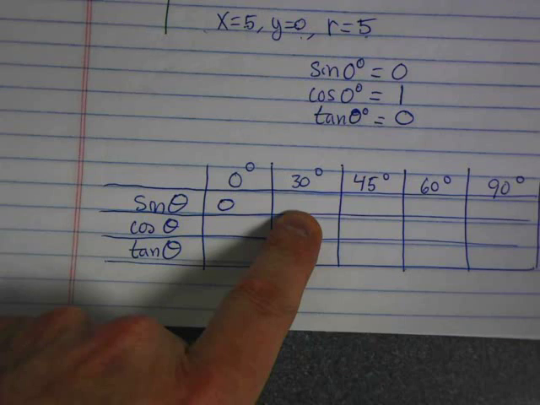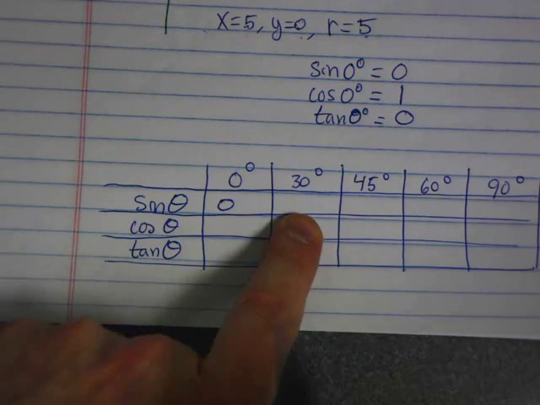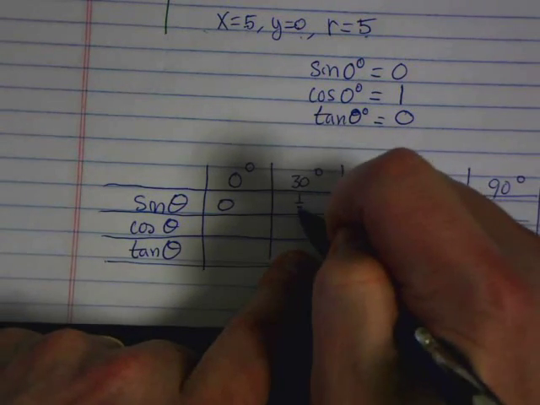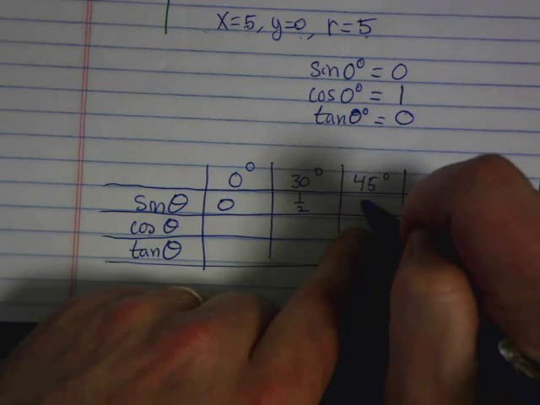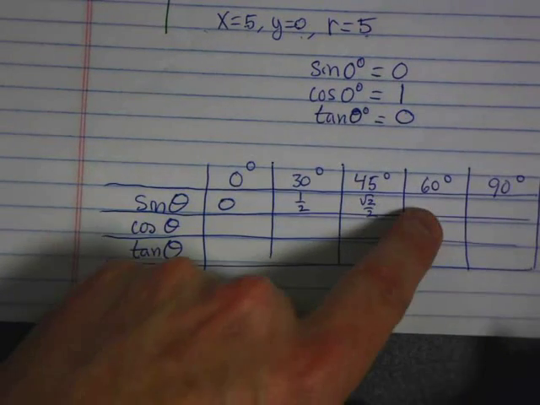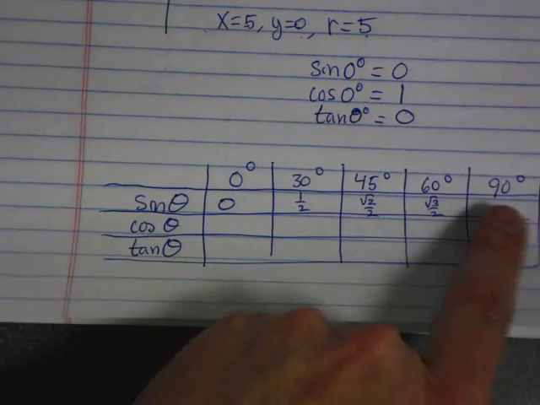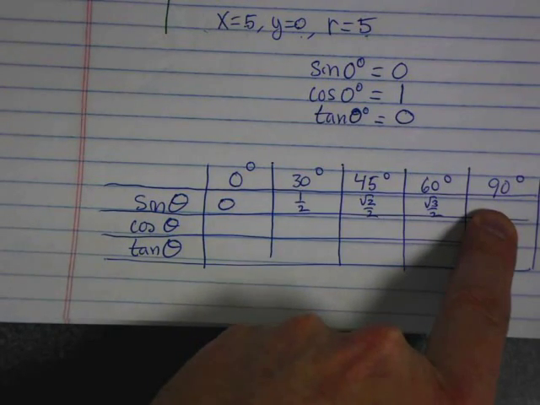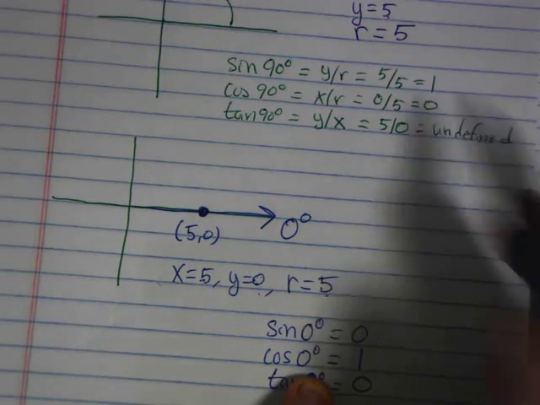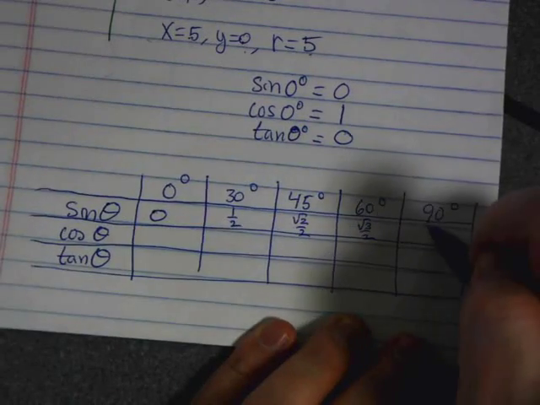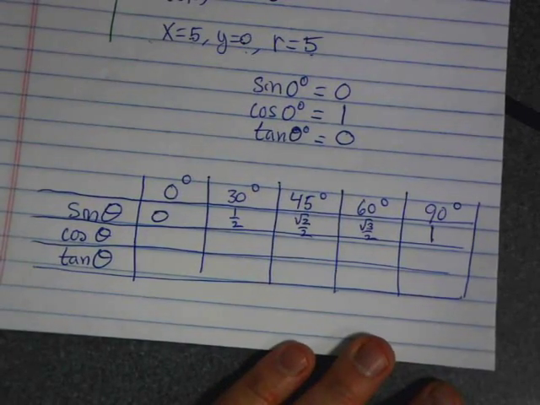Sine of 30 is 1/2. Sine of 45 degrees? Root 2 over 2. Sine of 60 degrees? Root 3 over 2. And sine of 90 degrees, we just figured out, is 1. So there's the sine chart.